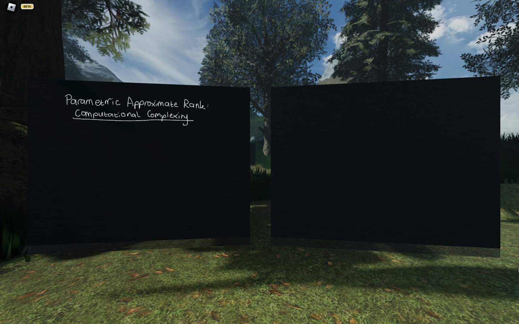On this first board, I'm going to write down our parameters. They are some vector w, and I normally talk about w by its components, which are also vectors.